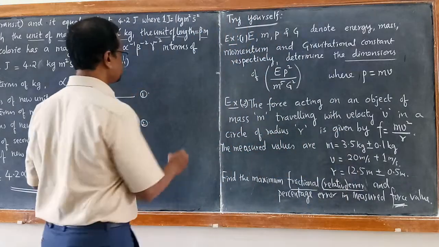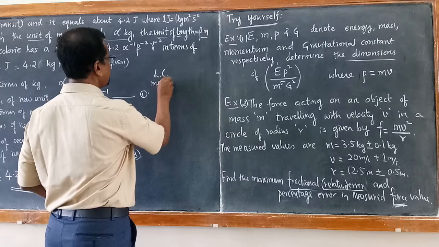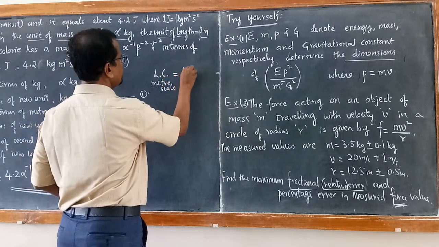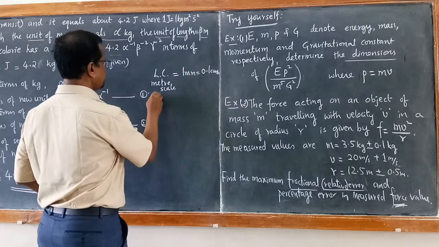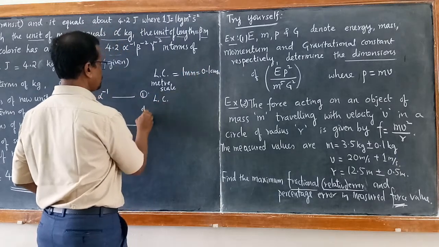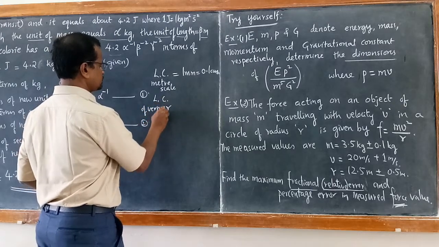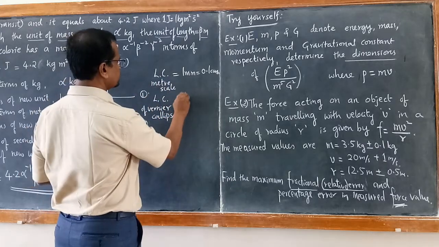So I can write here, least count of meter scale is 1 millimeter, that is 0.1 centimeter. Same for the least count of vernier calipers. Just now I told you it can measure 1/10 of a millimeter.